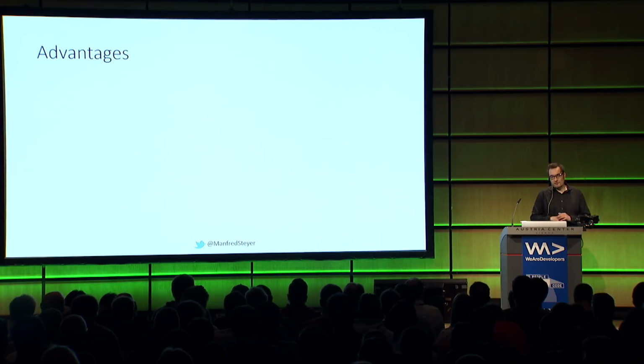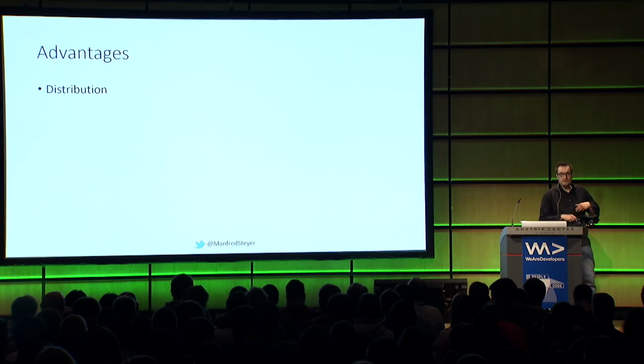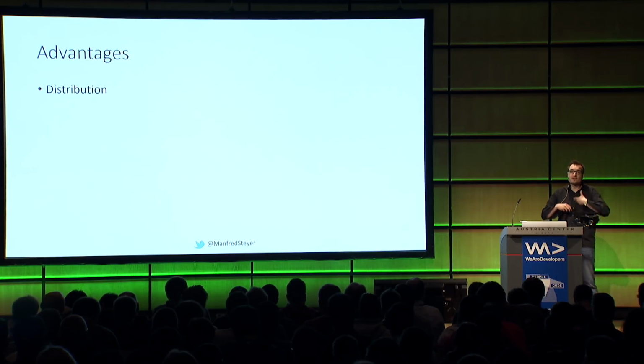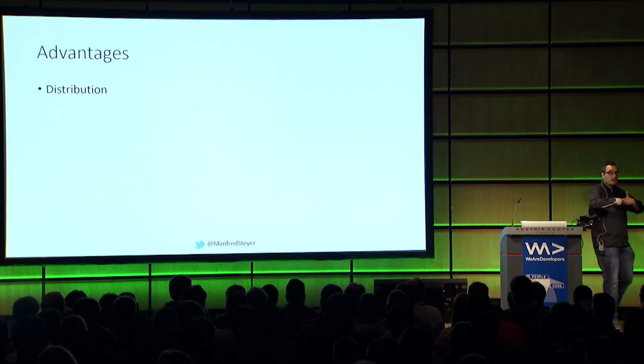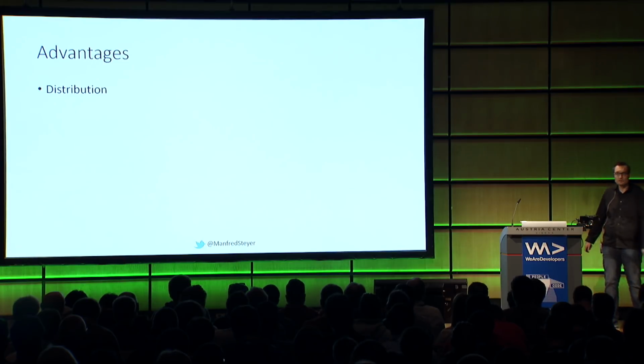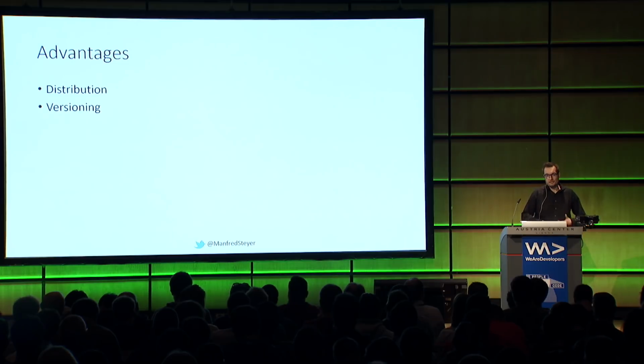This approach I've talked about has several advantages. When we go with npm libraries and our own npm registry, we can distribute our work. We can distribute our libraries amongst our colleagues or amongst the whole world of open source development. We also get versioning, because this is a very important concept of npm.